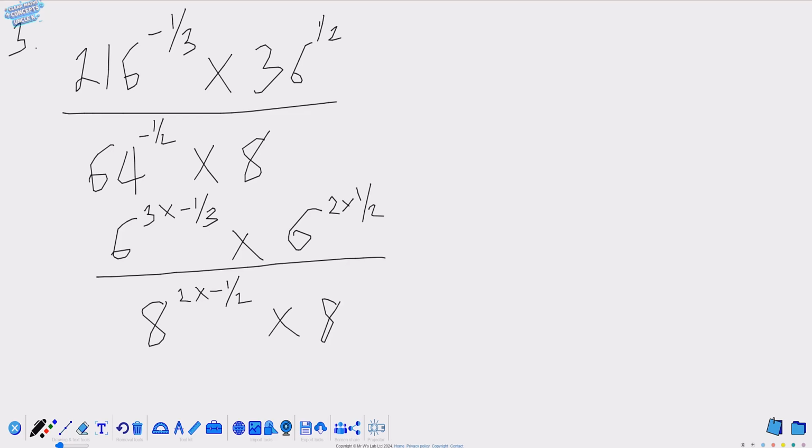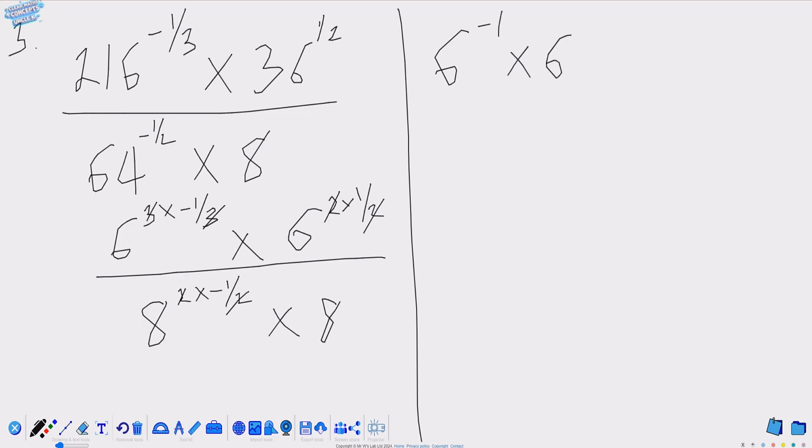Alright, so 3 cancel your 3, 2 cancel 2, 2 cancel 2. So what are we left with? The left is 6 raised power minus 1 times 6 raised power 1 over 8 raised power minus 1 times 8.